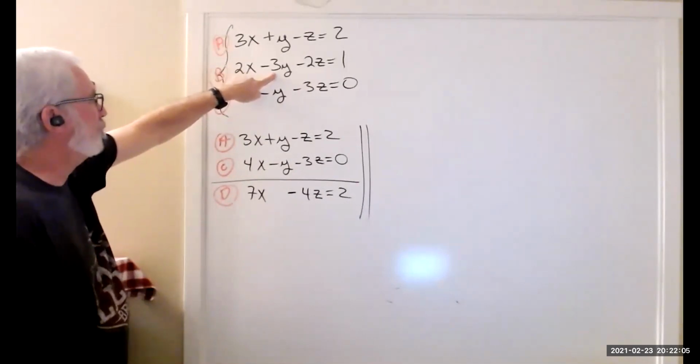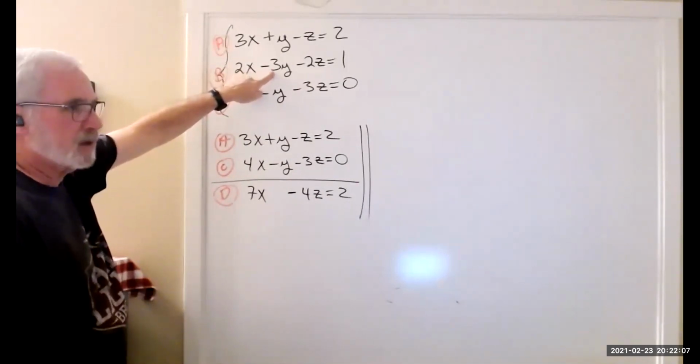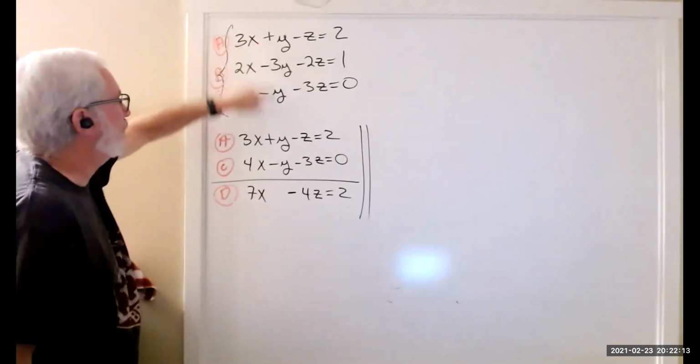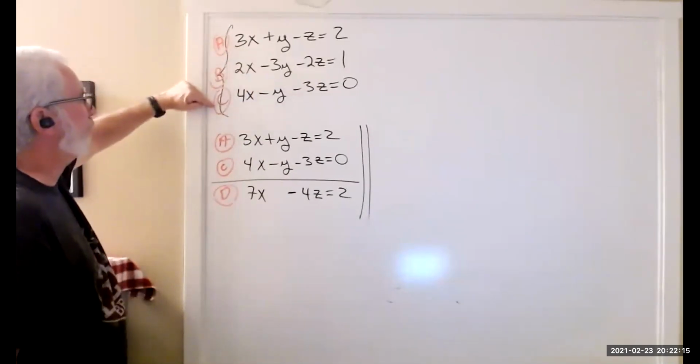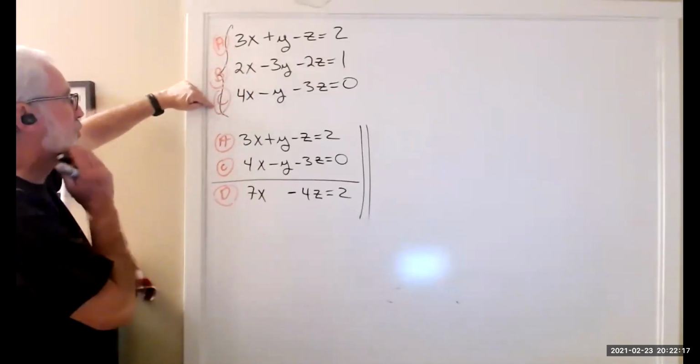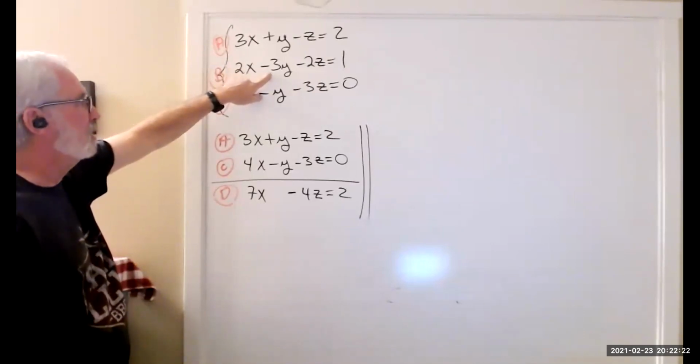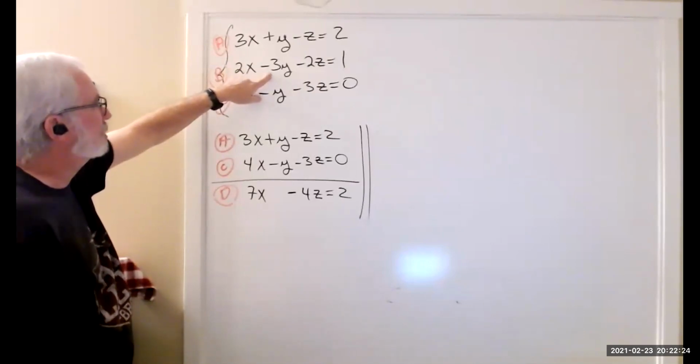I have to use equation B, and I have to eliminate the Y. So which one of these, A or C, could I use to help me eliminate the Y with B? C. See? B and A.